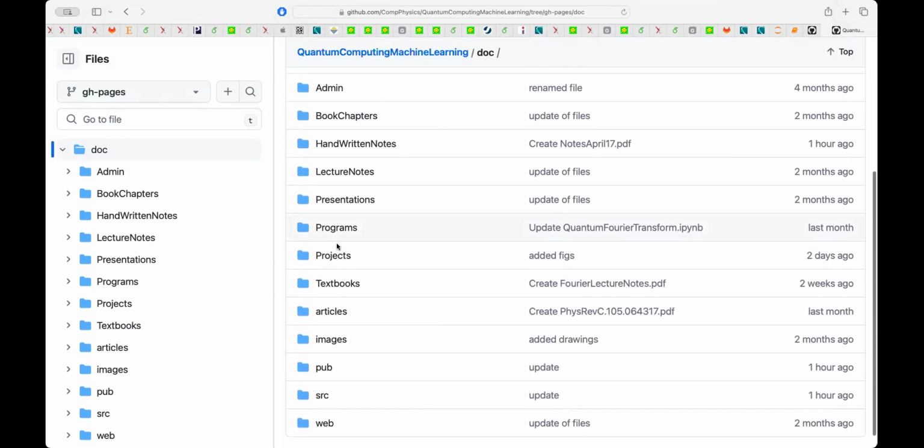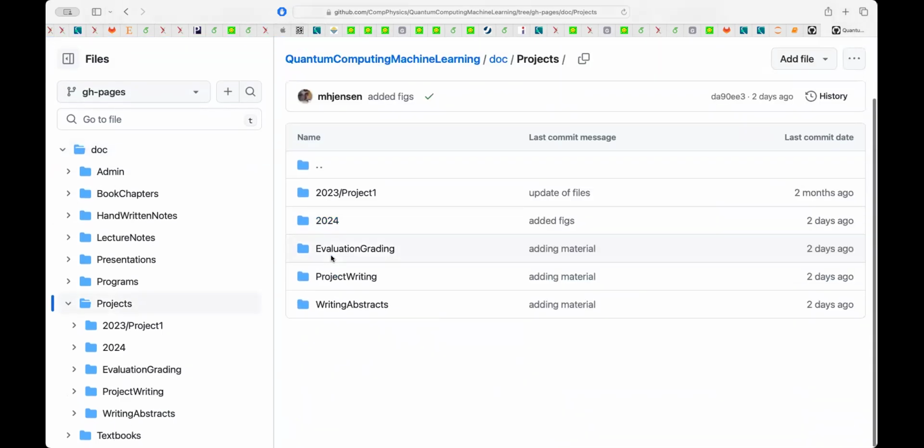Okay, so I just wanted to point to you, some of you are familiar with these things and some less. So if you go into the project folder, one of the things which we did in project 1 is that we were a little bit lax when it came to the format of the project. So some people decided to just answer question by question, but now we would like you to write this more like a scientific report. So that means writing it with an abstract.